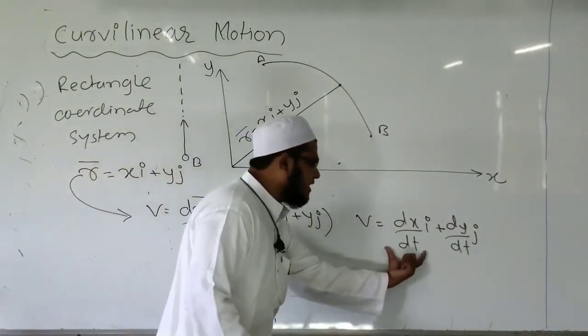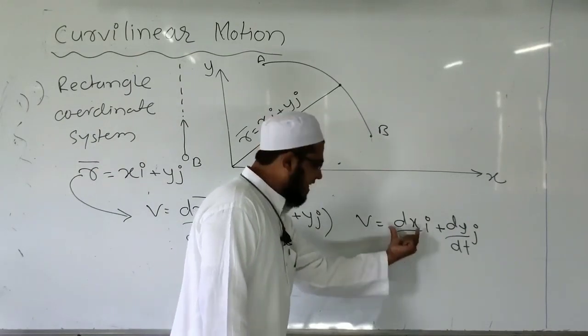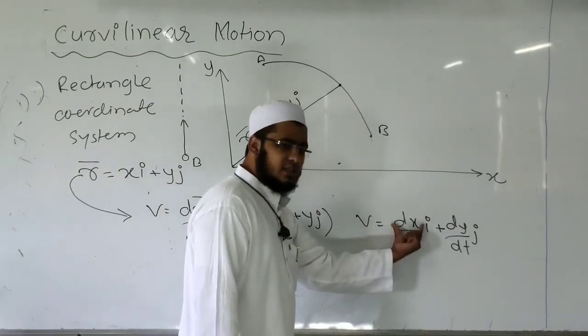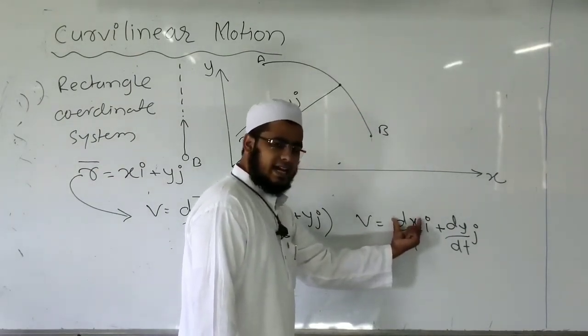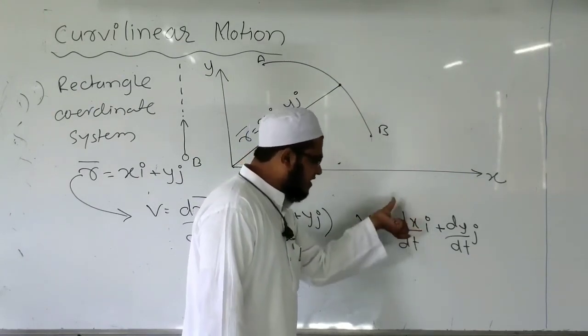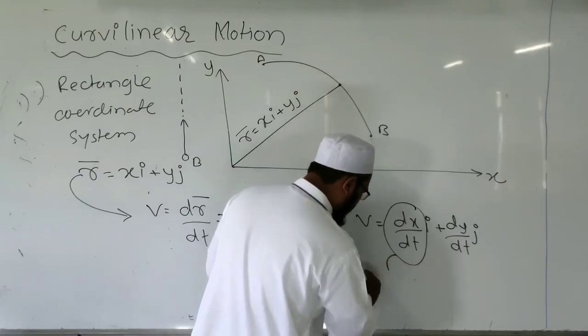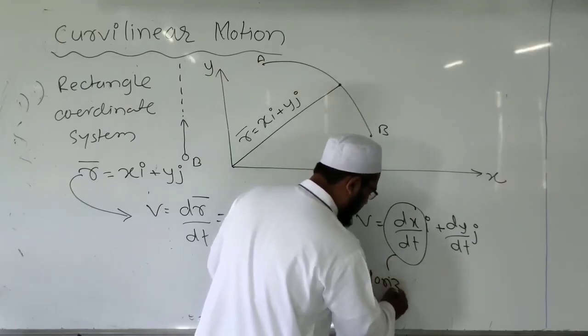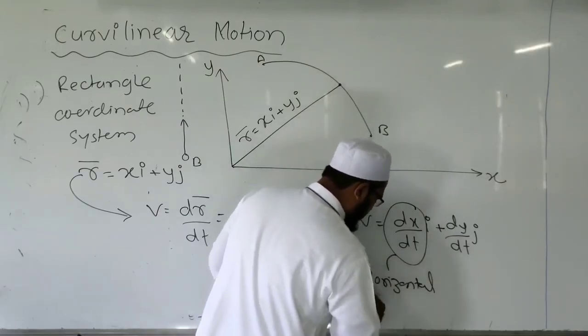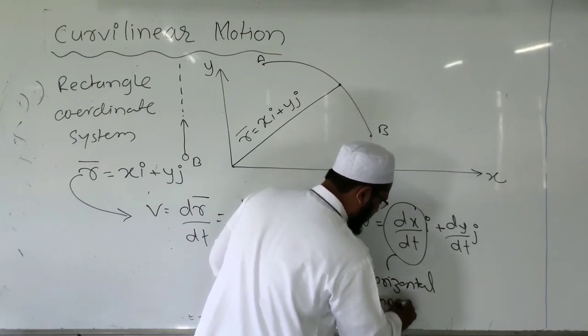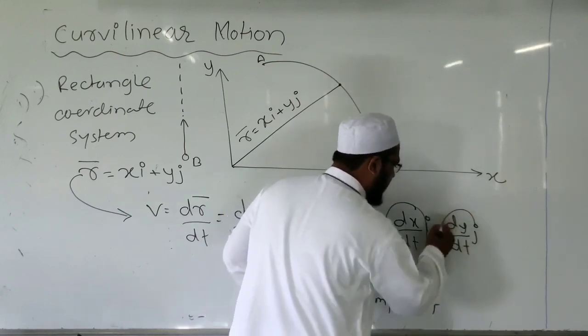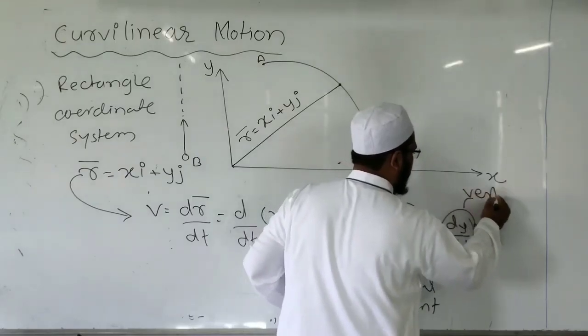What is this dx by dt? dx is horizontal displacement, so dx by dt is the horizontal component of the velocity. dy by dt is the vertical component of the velocity.